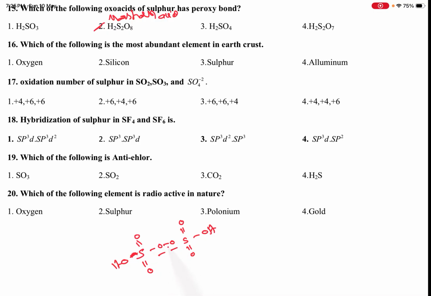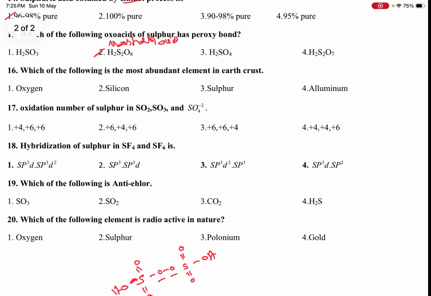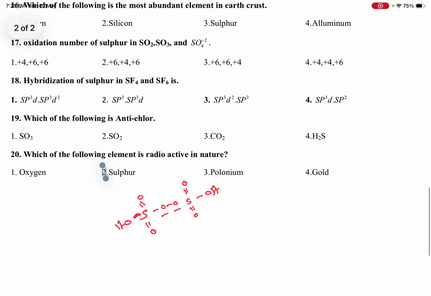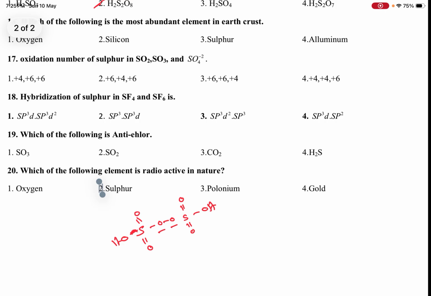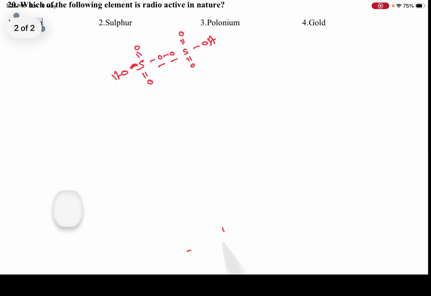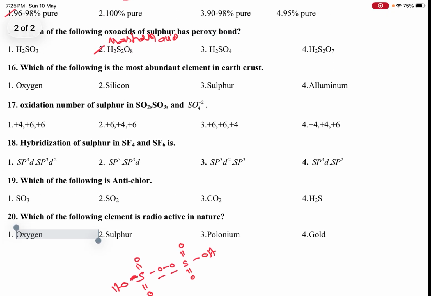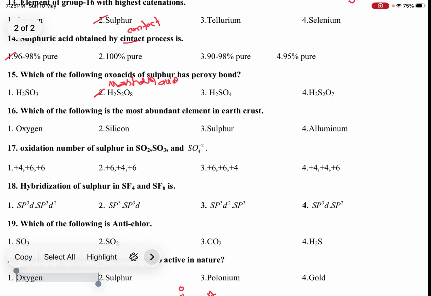The O-O bond is known as a peroxy bond. So the answer is H2S2O8, that is peroxy disulfuric acid, also known as Marshall's acid.